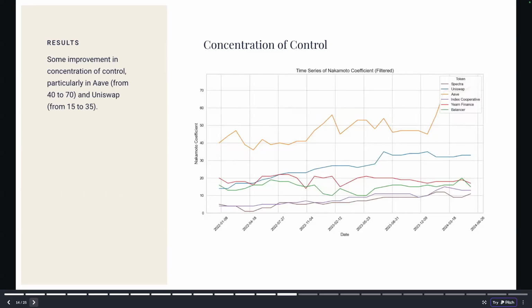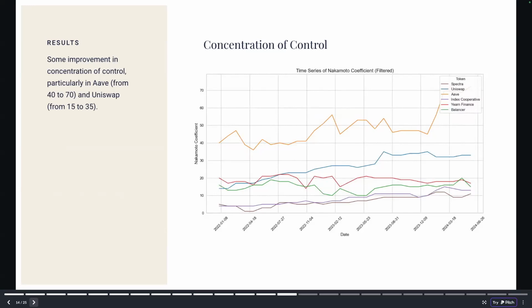When we look at the concentration of control, so we're still inside the decentralization metrics, here, for example, we can see some improvements. It seems that the larger protocols generally have a smaller concentration. And Aave, for example, is improving quite significantly over the span of 2.5 years.